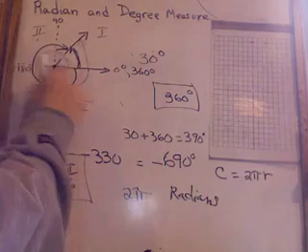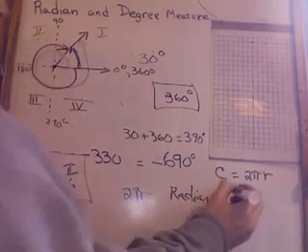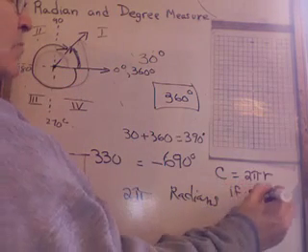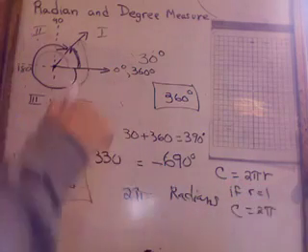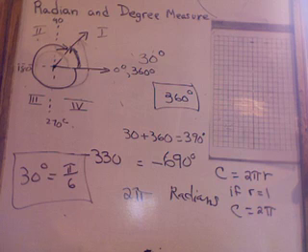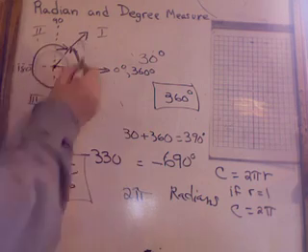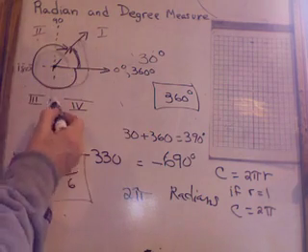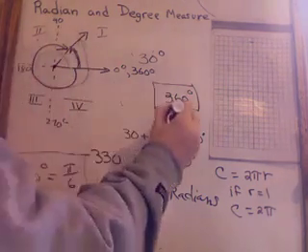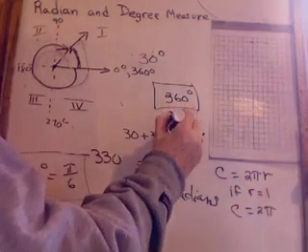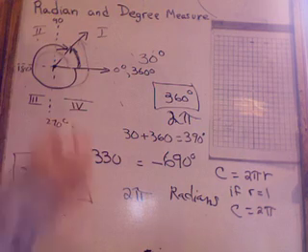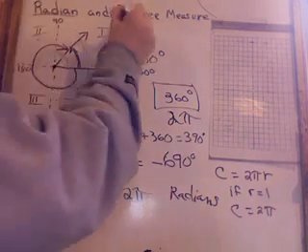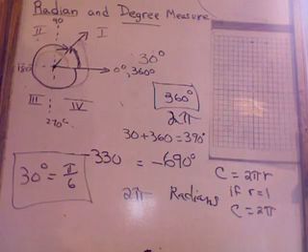And if the radius of the circle is 1, if r equals 1, the circumference is 2 pi. That's really considered what we talk about when we talk about the unit circle, a circle with radius 1. So if I'm working with a circle of radius 1, the 360 is the same thing as 2 pi. And I can use these interchangeably. I can talk radians or I can talk degrees, and there's equivalents for each.